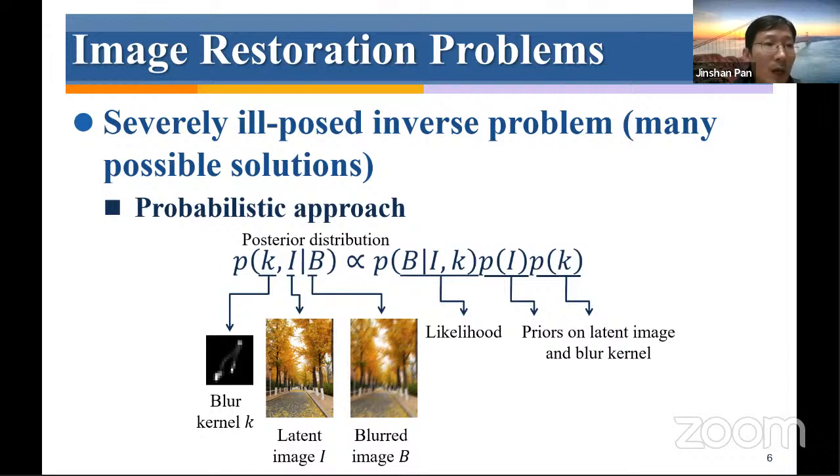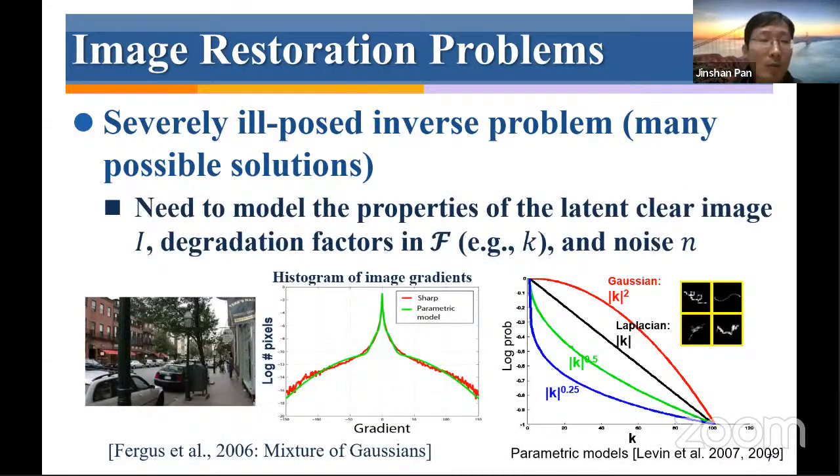This term can be decomposed into the likelihood term and priors on the latent image and blur kernel. Based on this approach, we need to model the properties of the latent clear image and the degradation factors in the degradation mapping function F, for example, the blur kernels in blind image deblurring and the image noise.